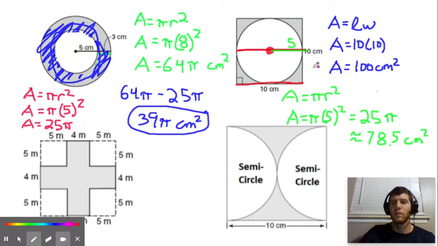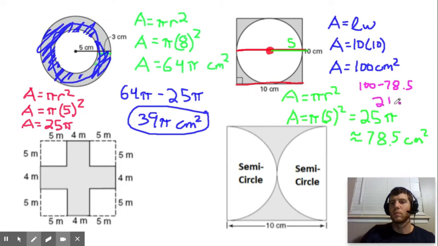The area of the whole thing is 100, but we need to subtract the white area, which is the circle. So we're going to do 100 minus 78.5, which is going to be 21.5 centimeters squared.